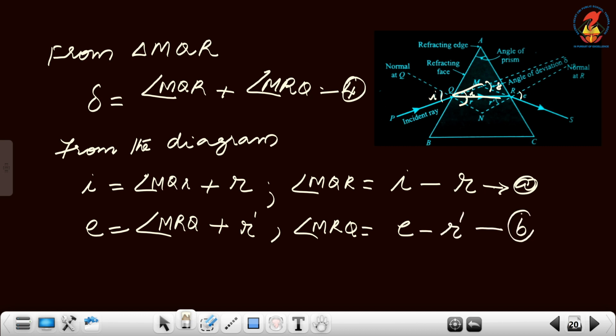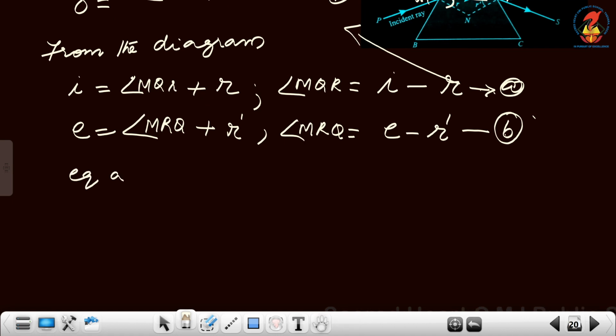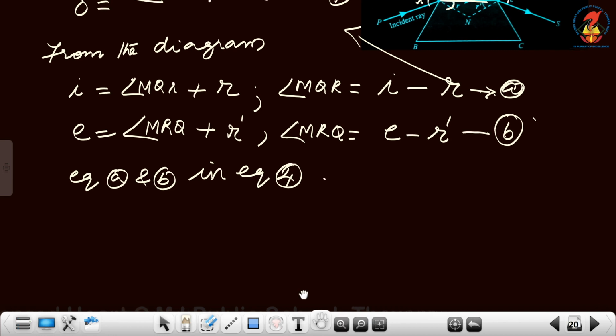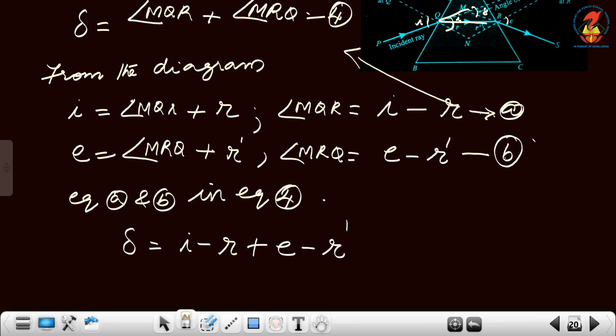This is equation B. So the next step is substituting equations A and B in equation 4. We can write delta is equal to i minus r plus e minus r dash.